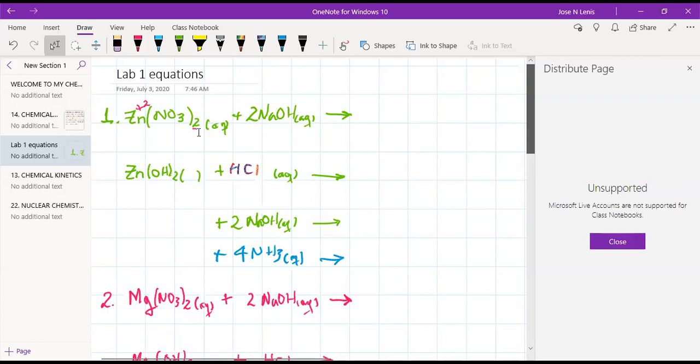Also, zinc compounds are usually white, and the aqueous solutions of zinc compounds are clear, colorless.